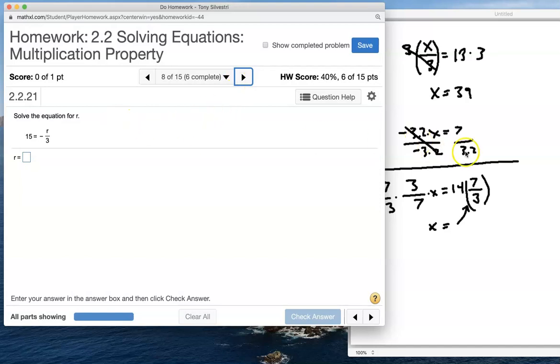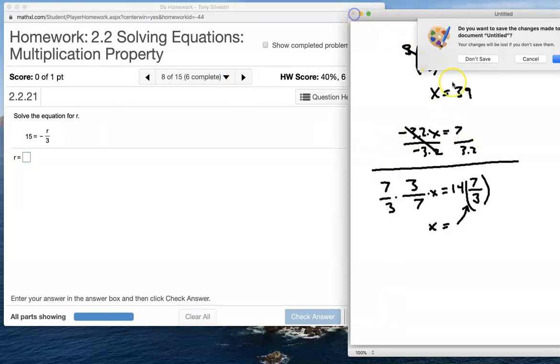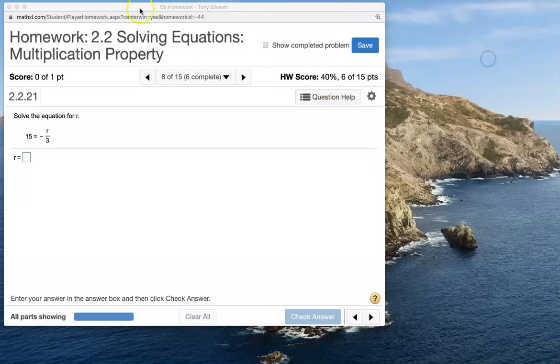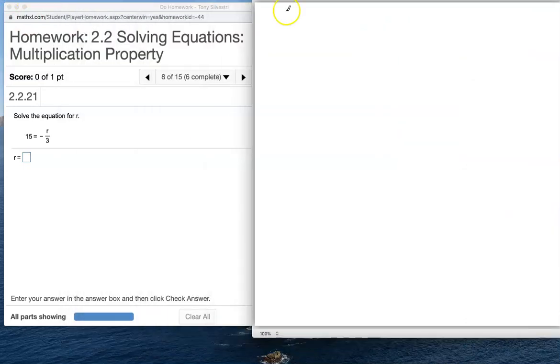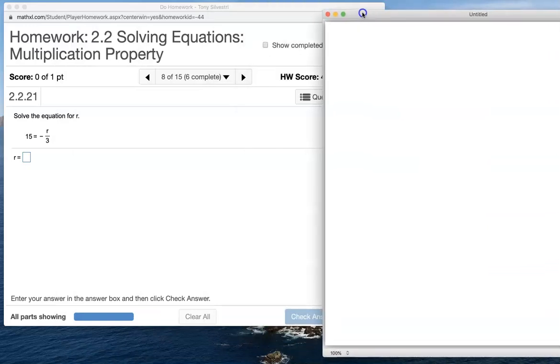Okay, I'll do this one, only because the negative looks kind of onerous. 15 equals... You know, the negative sign can go up top, it can go in the middle, it can go in the bottom. When you have a fraction like that and you want to solve, I would put the negative on the bottom.